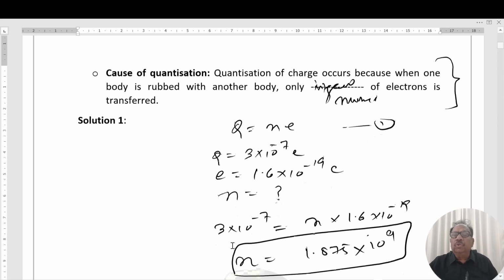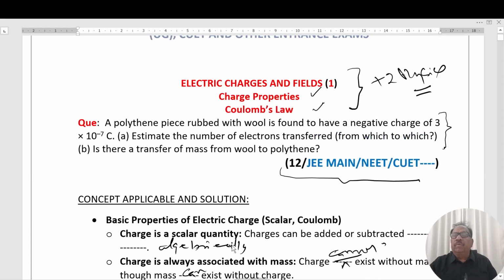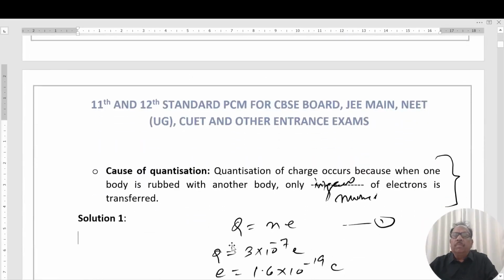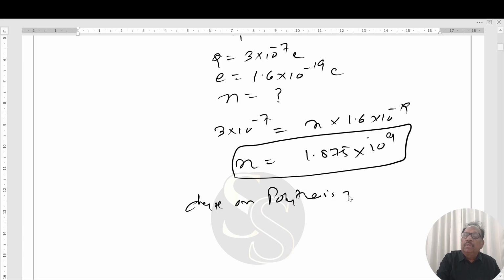Of course, what is the question? A polythene piece rubbed with wool is found to have a negative charge. Charge on polythene is negative.